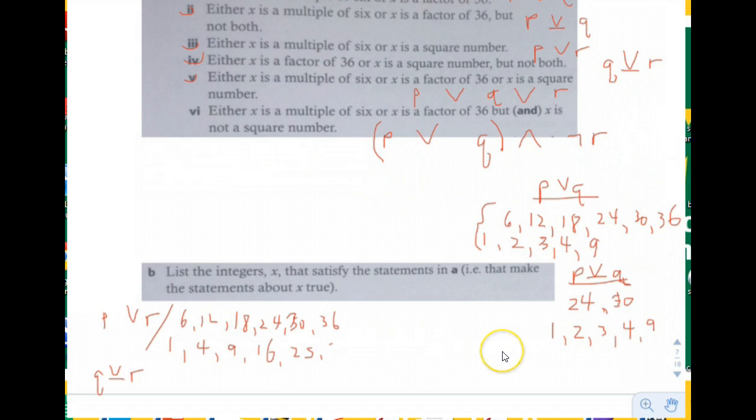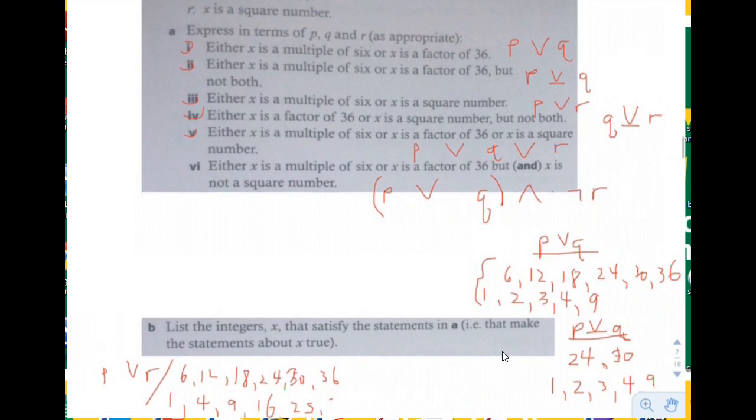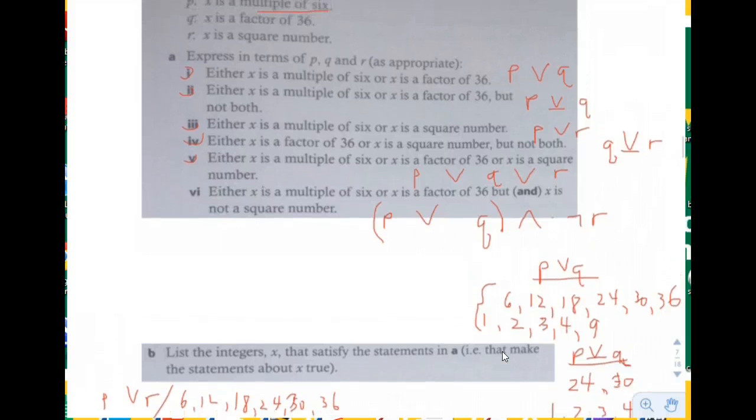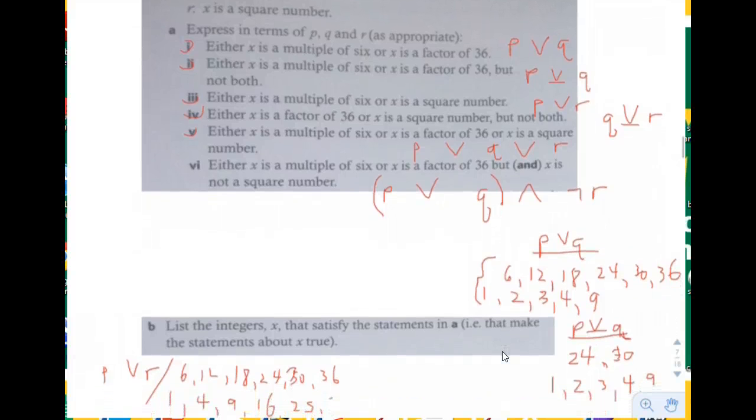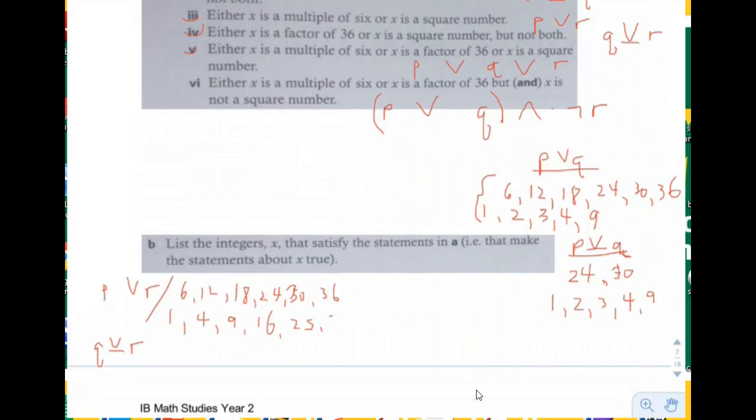And then Q exclusive or R would be factors of 36 or square number, but not both, okay? So let's see, the factors of 36 would be 1, but that's a square, so we take it out.